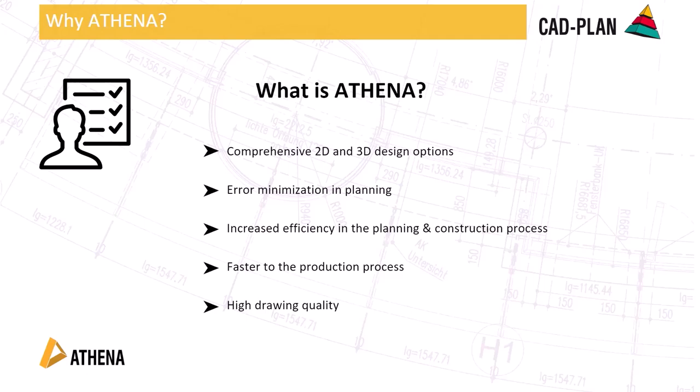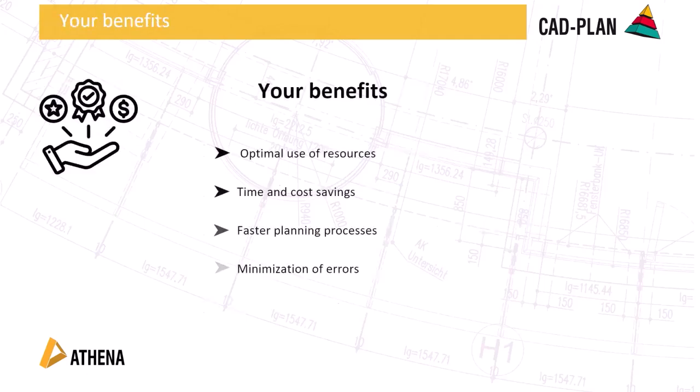And of course, the high drawing quality will impress you. So what are your benefits? An optimal use of resources in your team, time and cost savings, faster planning processes, and of course, in your facade and curtain wall projects, the minimization of errors in planning.